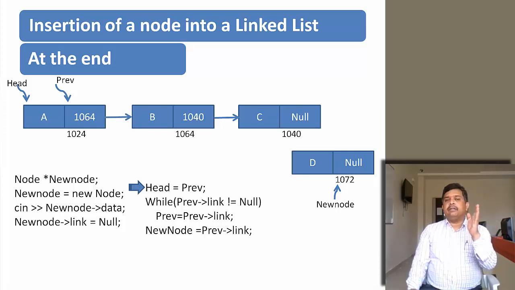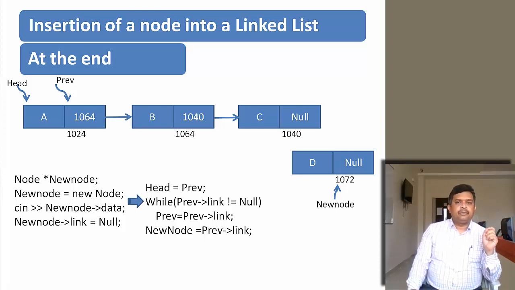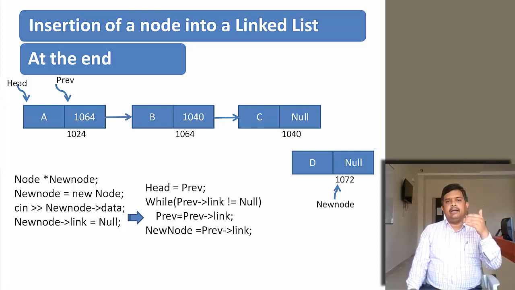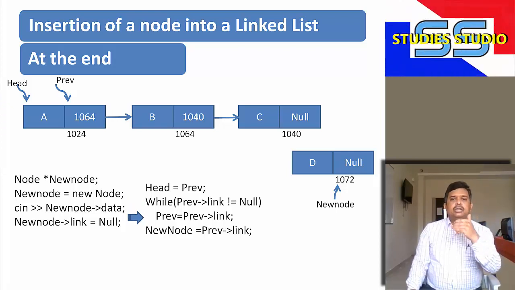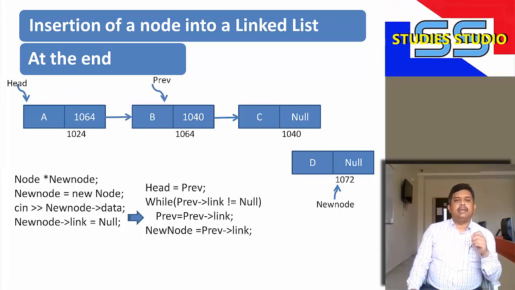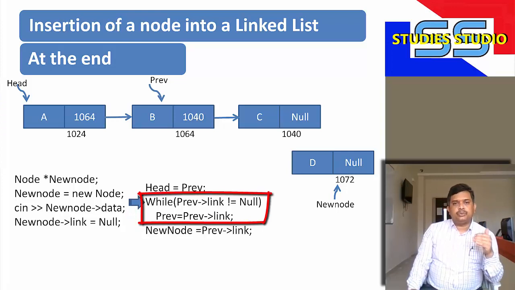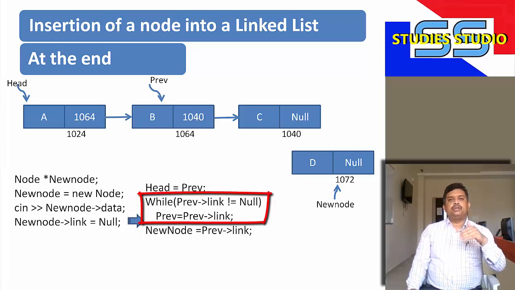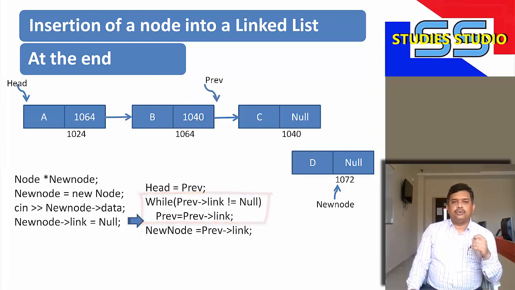I will keep on moving the pointer prev to the last node. So I will take a while loop, and in the while loop, till I find that previous link is not null, I will keep on moving the pointer prev.